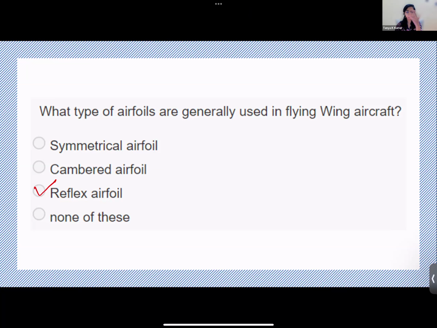Just try referring to your notes, see the difference between different types of airfoils, or just Google it and tell me. Just try figuring it out. We had discussed, I think, the very same question.